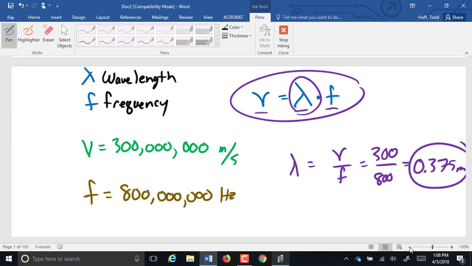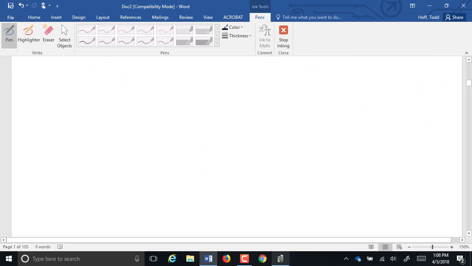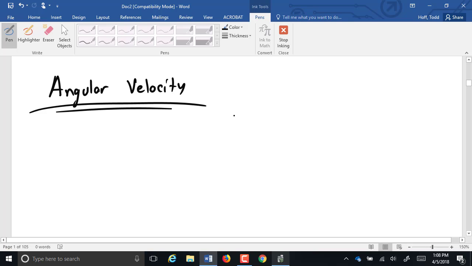So what we're going to look at is rotational angular velocity. And angular velocity is basically the velocity of things that are in motion, spinning. So I have something that's going in a circle.